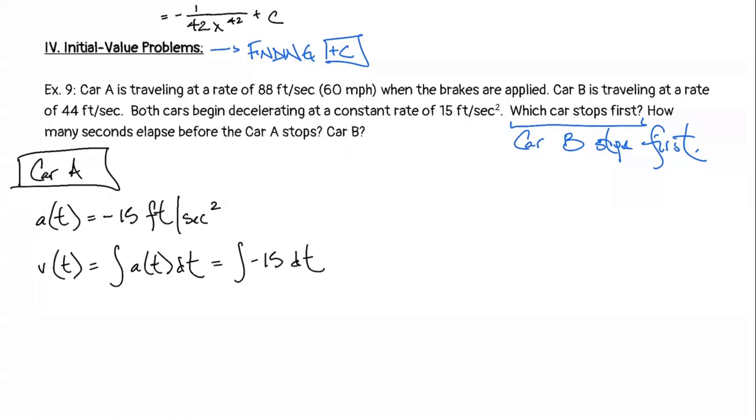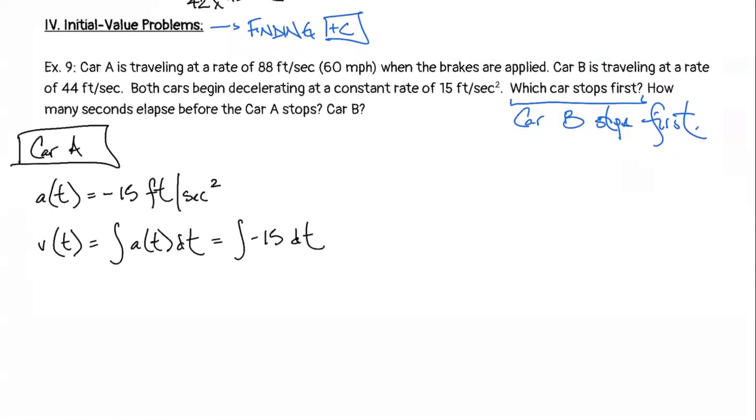All right, so let me just pause there for a moment. Are we okay with what just happened on the screen? We've got velocity, we got that as the integral because it is decelerating, so the acceleration is negative. Yeah, that's why it's negative. Okay. Okay. So now our goal is to find our antiderivative.